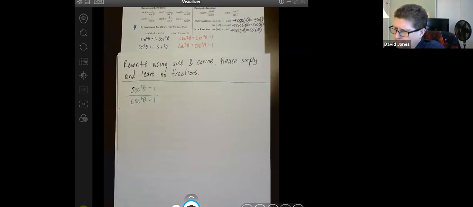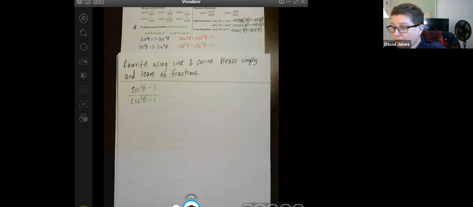Okay. The reason why we have you do this a lot in 7.1 and throughout chapter 7 is when you get to calculus, you're going to be doing a lot of things called derivatives and integrals. That's the heart and soul of calculus. A lot of times trigonometric functions pop up in there.